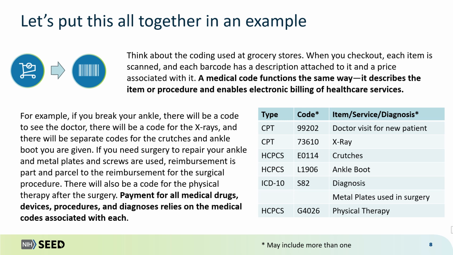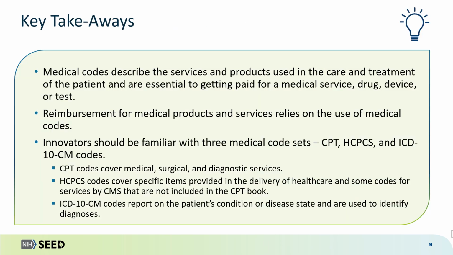The diagnosis is a fracture of the lower leg, including ankle, which is S82, and the physician has ordered physical therapy services to aid in the healing process, which is represented by a HCPCS code G4026.